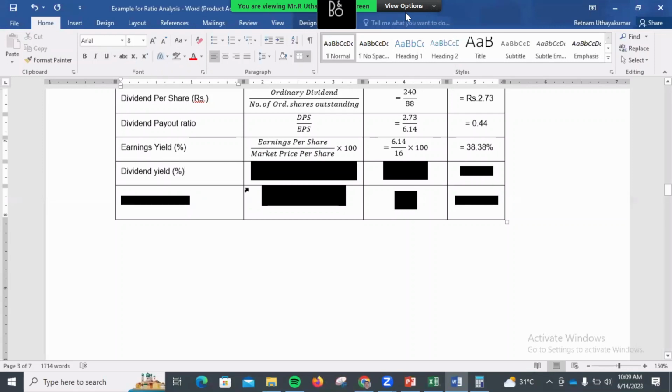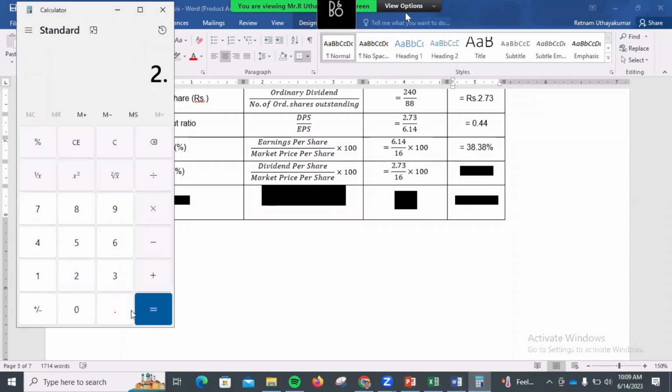Then the dividend yield. This is also the same as the earning yield. Market price per share should be the denominator. Dividend per share would be the numerator. So you apply that: 2.73 divided by 16.